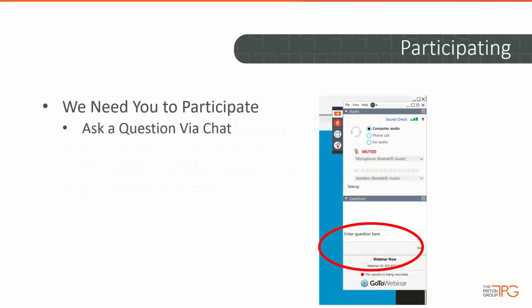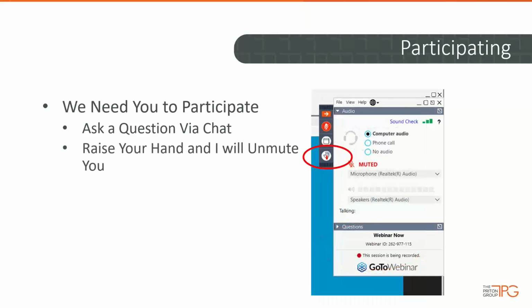Now, as a town hall, and to make this successful, we need to have some participation by all of you. And so we ask that you ask any questions you might have, and there's a couple of ways that you can do that. The first is you can type a question into the GoToWebinar panel and hit the send button. I'll be monitoring those, and when we get to the end, I will ask those of Bill and JD.